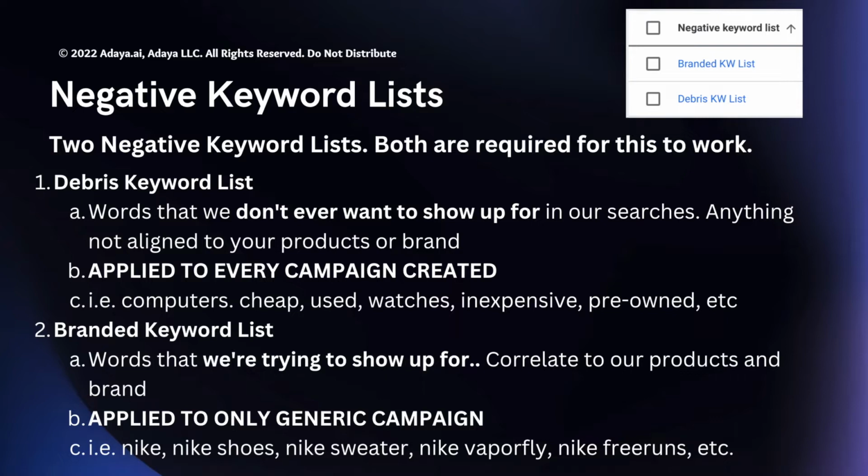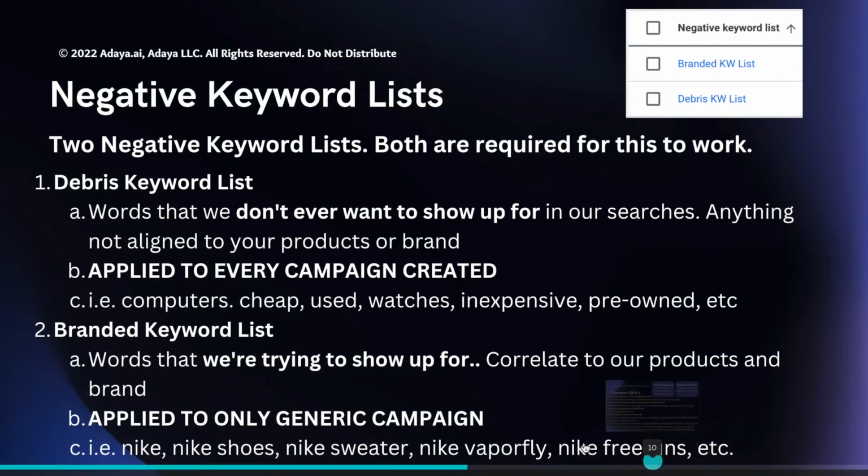So it's going to be hyper focused on things that we do want to show up for when people are searching for us, right? So Nike, Nike shoes, Nike sweater, Nike Vaporfly. Notice how different this is if there was no Nike in front of it, right? Just shoes, sweater, Vaporfly, free runs. That's okay, but it's still not very specific, right?